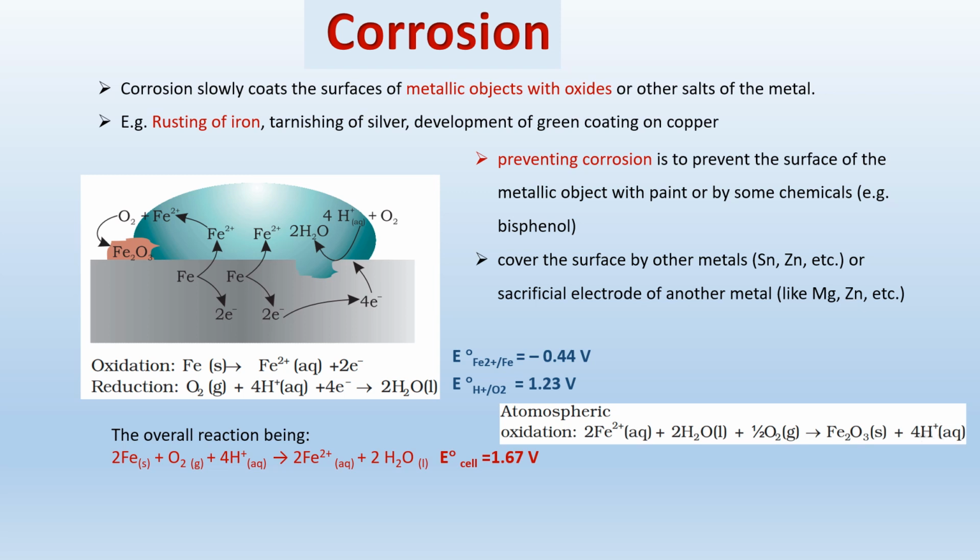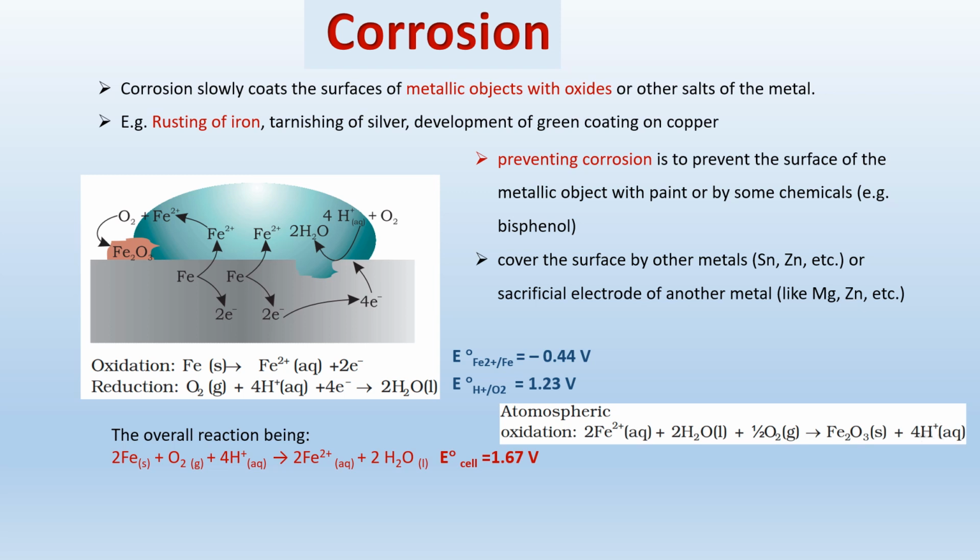The standard electrode potential of iron is minus 0.44 volt, whereas the standard electrode potential of water is 1.23 volt, and the overall cell potential is higher potential minus lower potential. That is, the standard potential of water minus the standard potential of iron, right?